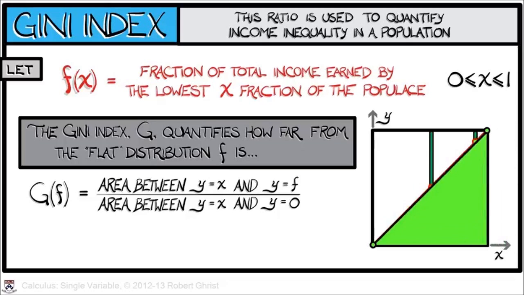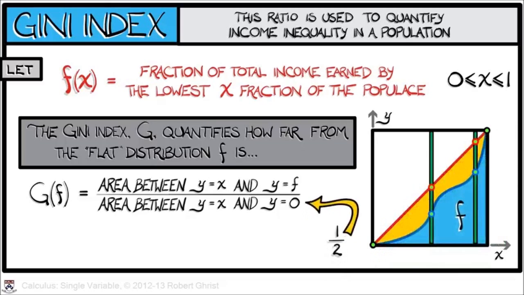Well, that denominator is just telling you the area of the triangle. And since the base and the height are 1, that's 1/2. So, another way to write the Gini index is as the numerator, this area between f and x, namely x minus f of x dx, evaluated from 0 to 1, divided by 1/2, that is doubled.